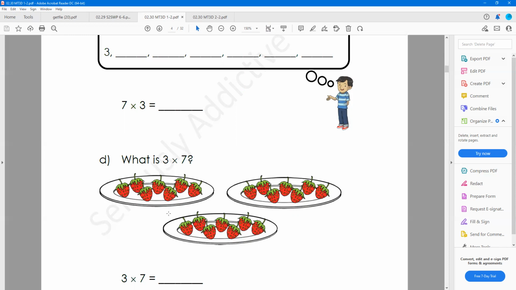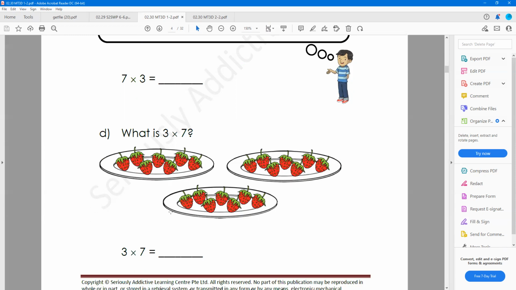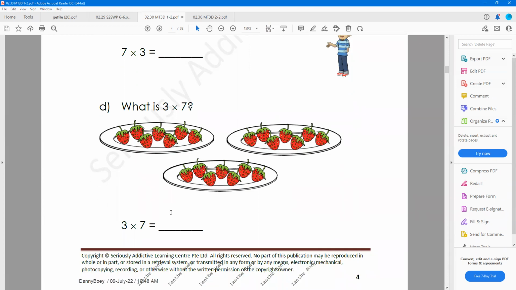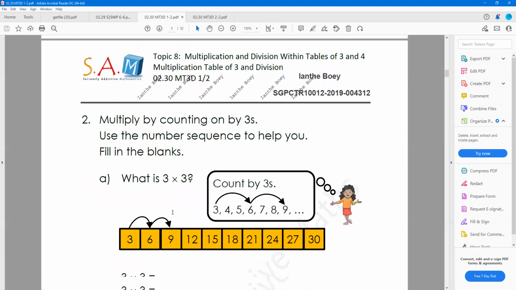Or if they already know 2 times 7, 2 groups of 7 is 14, then plus another 7 equals 21. So try to lead them to use a shorter way of calculating. If they cannot remember what 3 times 7 is, then we can do it that way. If they are really not sure, then no choice. They have to count the strawberries one by one.